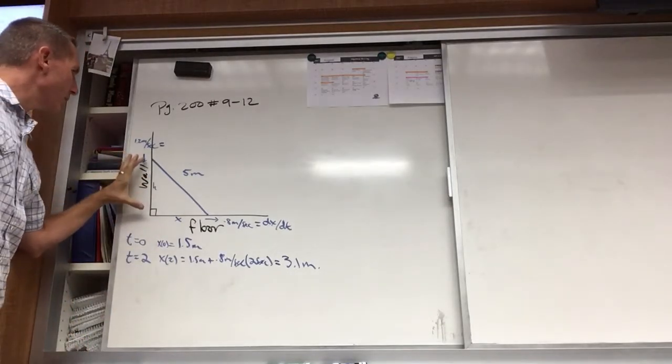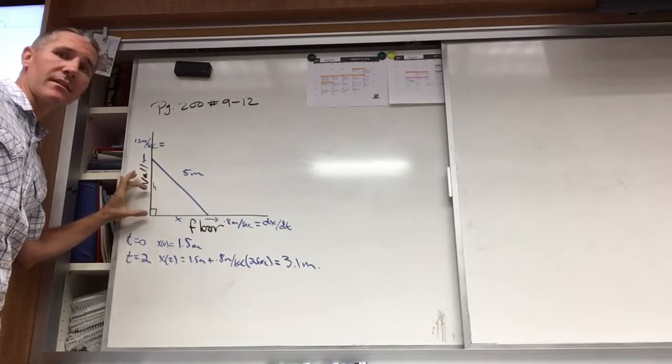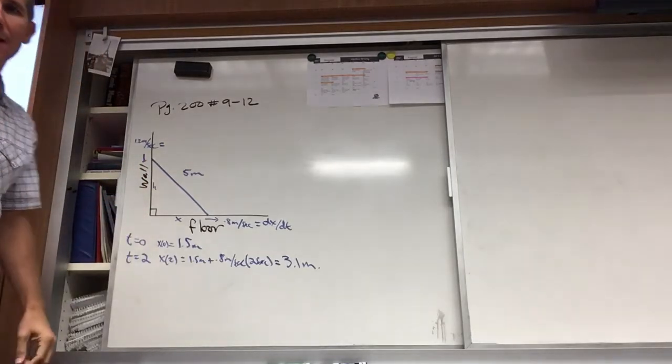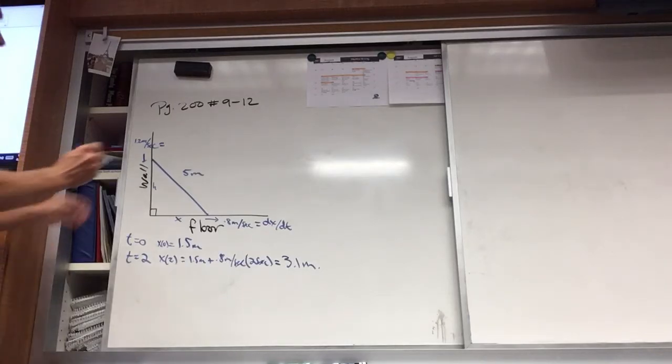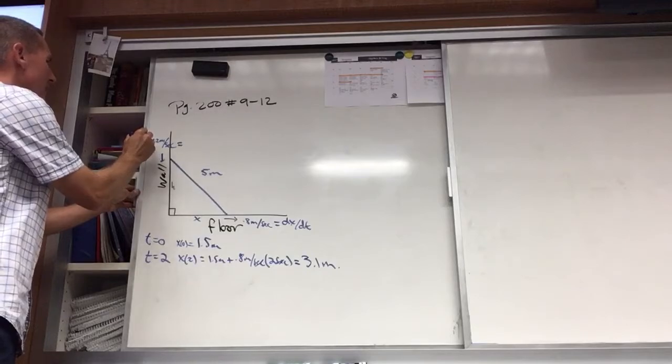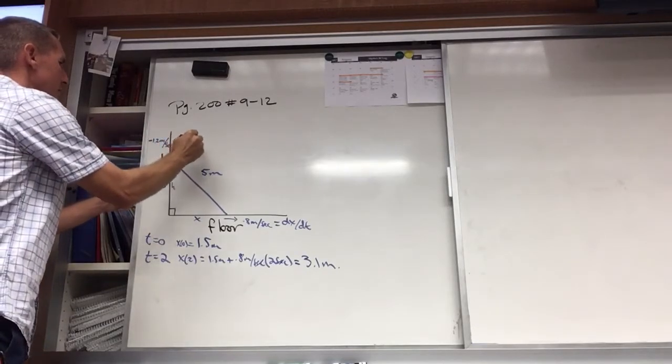Well, if the top of the ladder is sliding down the wall, then I see that h is decreasing. If h is decreasing, then that means that dh/dt must be negative. So this I'm going to call negative 1.2 meters per second, and that's what I'm going to call dh/dt.